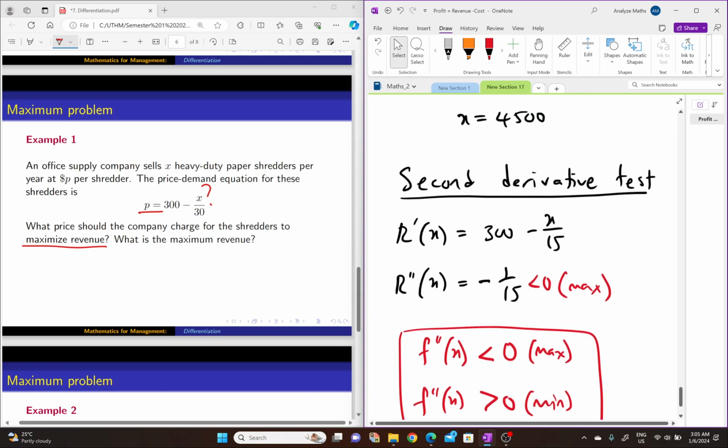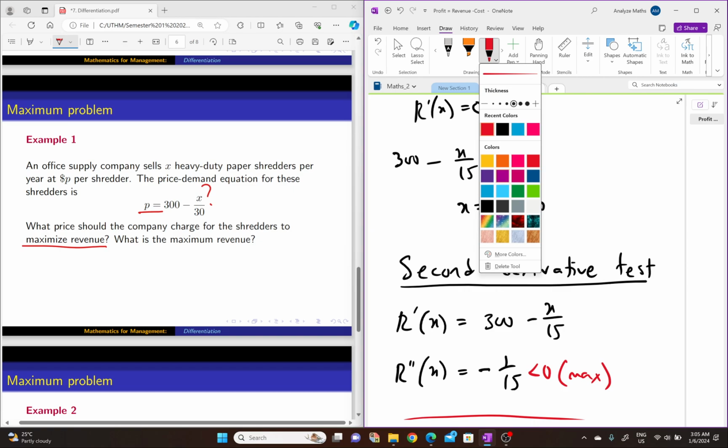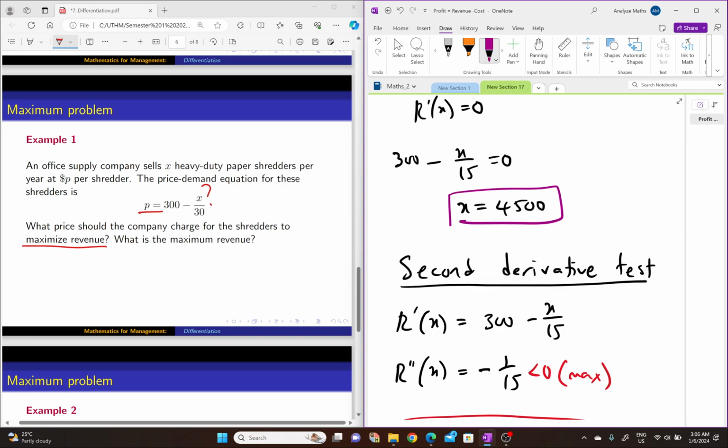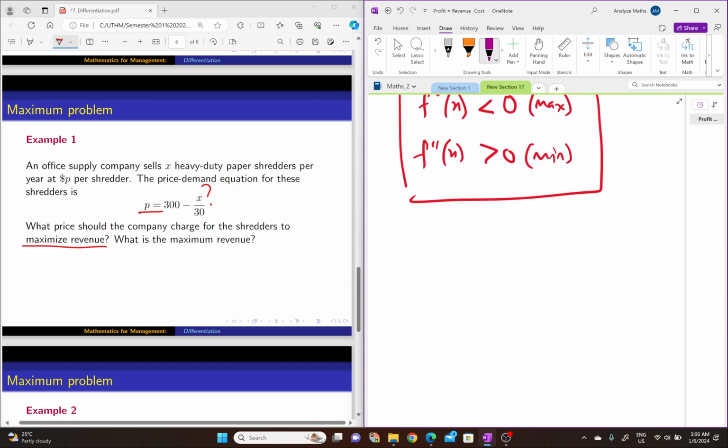Once we confirm this, we take this value to answer all the questions now. We have confirmed that x equal to 4,500 gives you maximum revenue. Now let us answer the question.